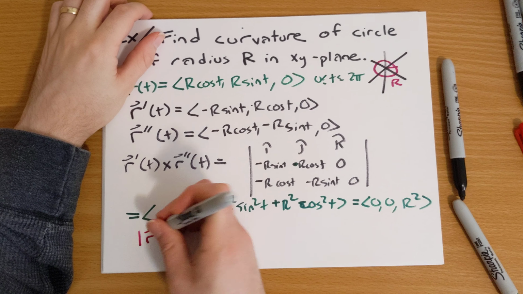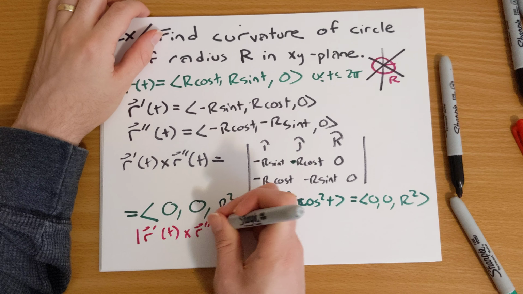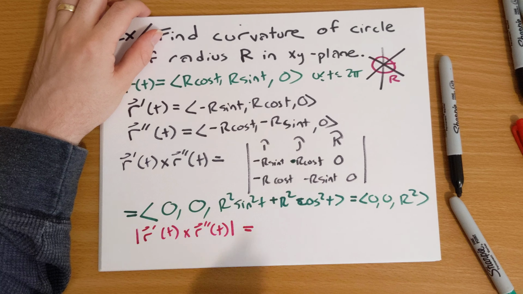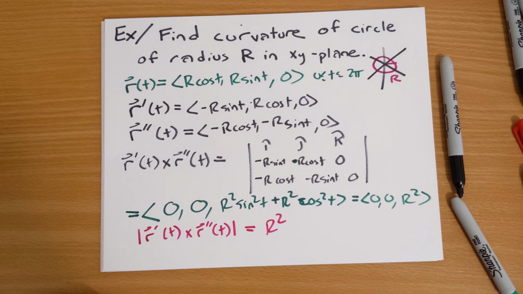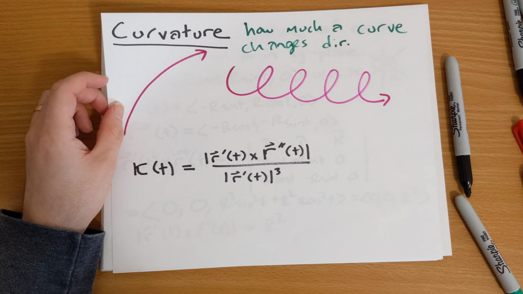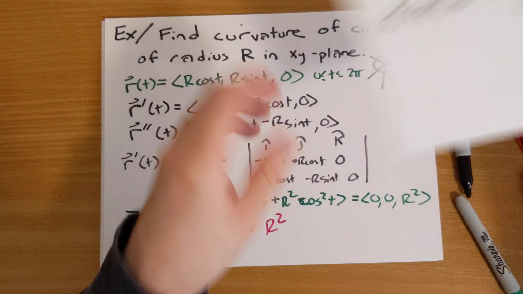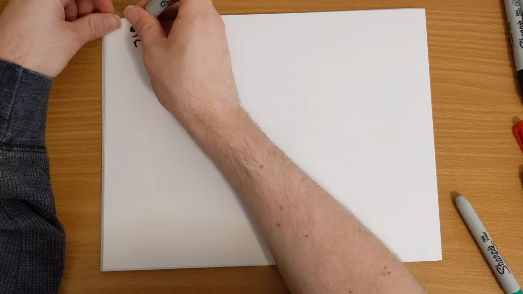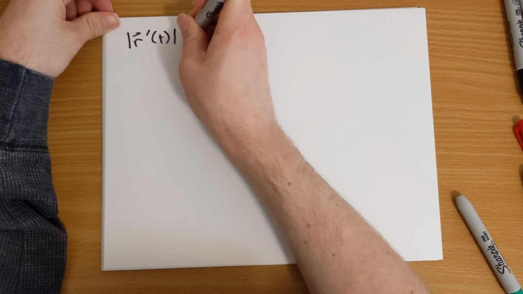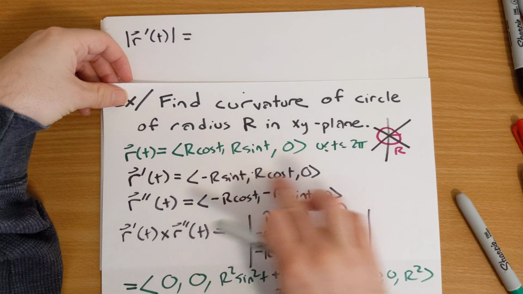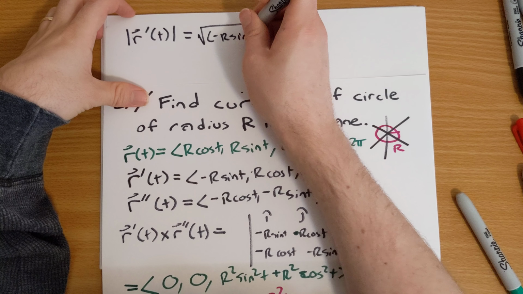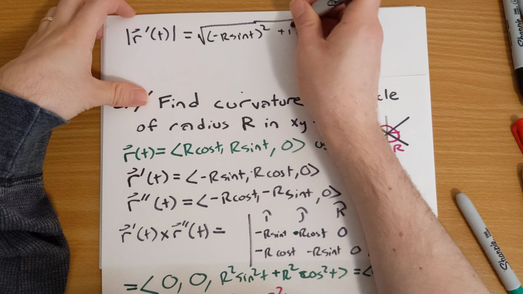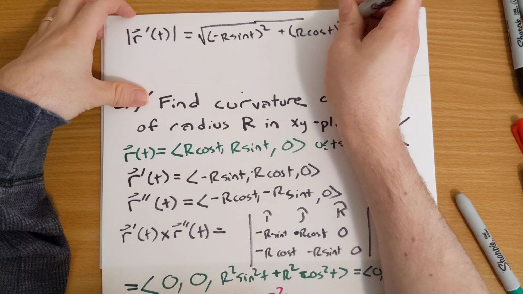So then what's the magnitude of this here? Well, it's just r squared. Okay, so we've got the numerator of our kappa of t. Now we just need the magnitude of r prime of t, which is going to be the square root of negative r sine t squared plus r cosine t squared.